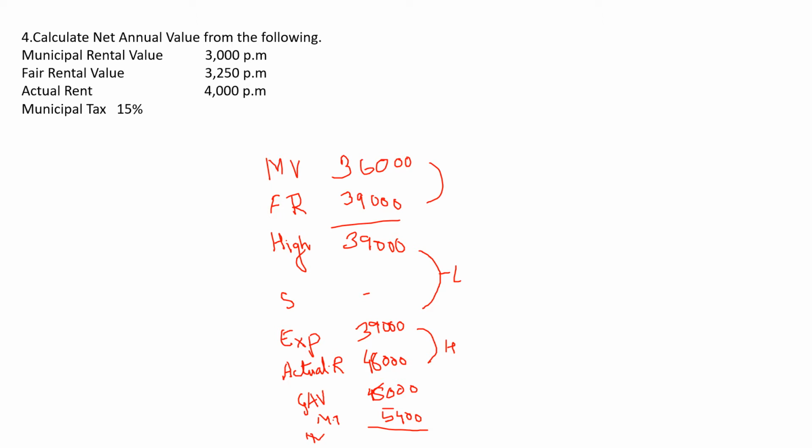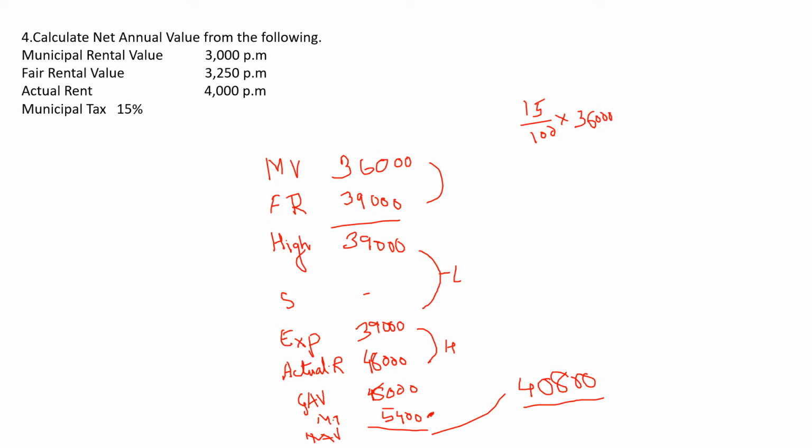Net annual value is how much? We get 40,800. Yes, so this is our net annual value. Understood? This 5,400 we have got by multiplying 15% with 36,000. Okay, I hope it is clear.